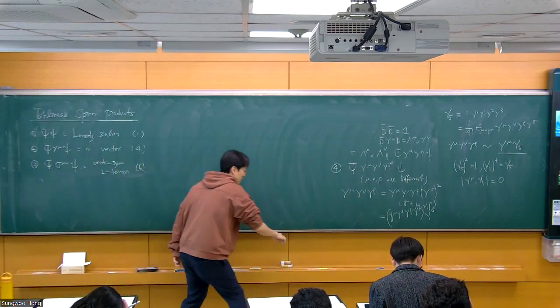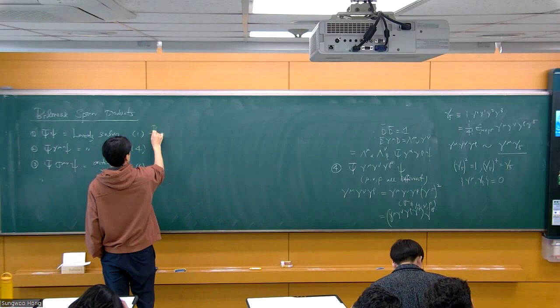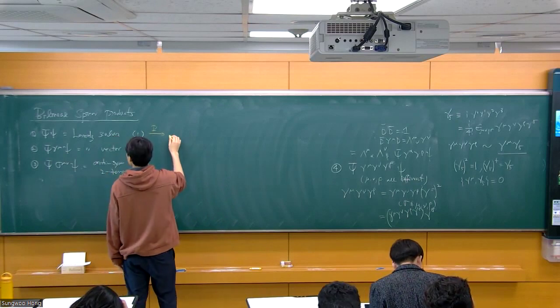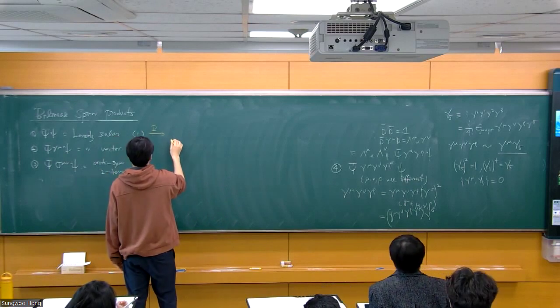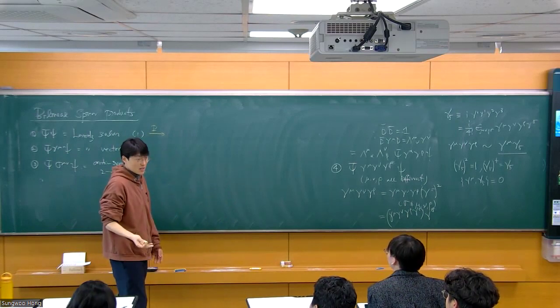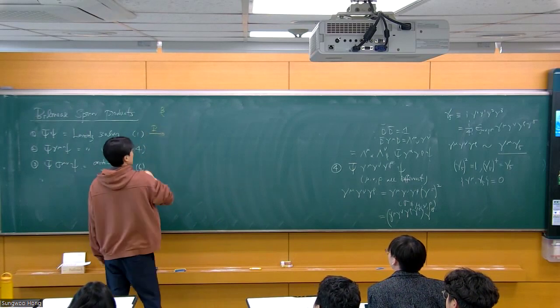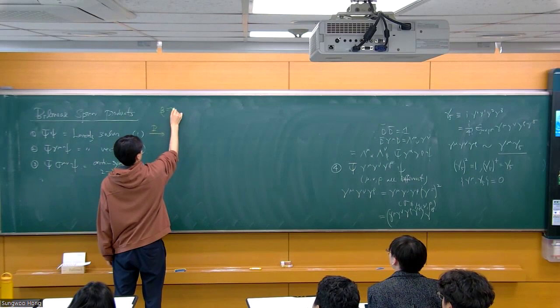So I'm going to do it here. Under the parity, this goes to... did I explain to you how psi transforms under parity? Basically, I did, because what incorporates the parity? Beta, which was gamma 0.